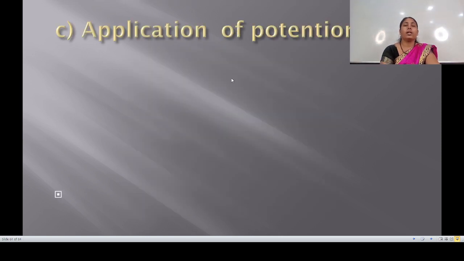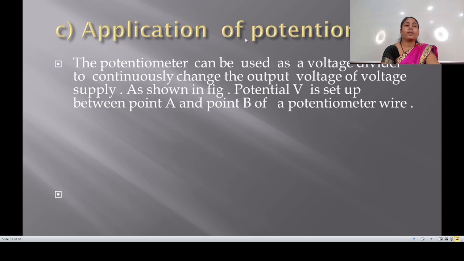Application of potentiometer. The potentiometer can be used as a voltage divider, to continuously change the output voltage of the voltage supply.